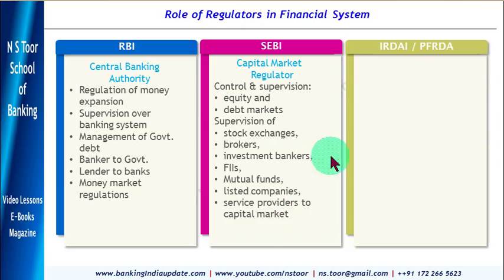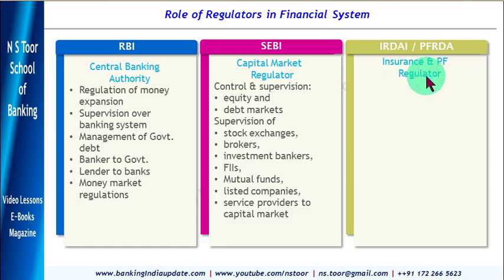Then other two regulators are IRDAI and PFRDA. IRDAI, Insurance Regulatory and Development Authority, they are regulators primarily of insurance business or insurance system, and PFRDA, Pension Fund Regulatory and Development Authority, so they are primarily in pension and provident fund regulation.